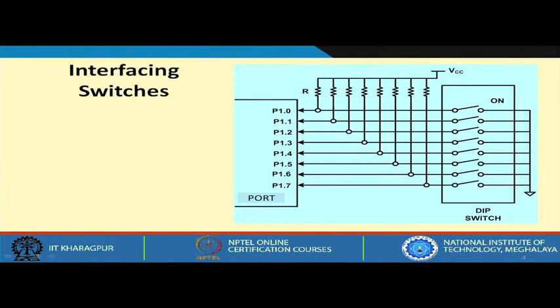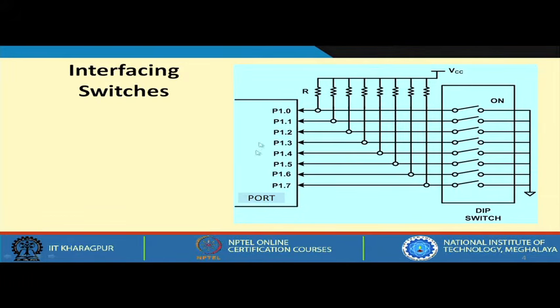Let us start with the simplest scenario where we do not have a matrix kind of layout. We have a set of 8 switches. Let us see how we have connected them. There are 8 switches which are shown here. So, one end of the switches is connected to ground, and the other end is connected to the lines of an input port.